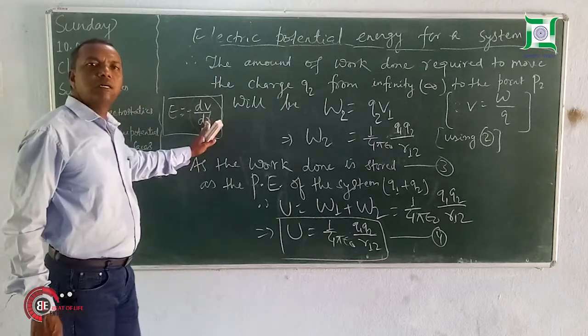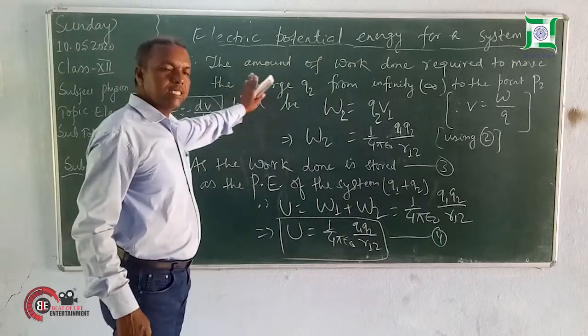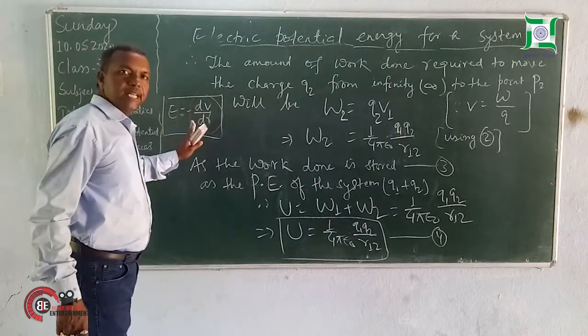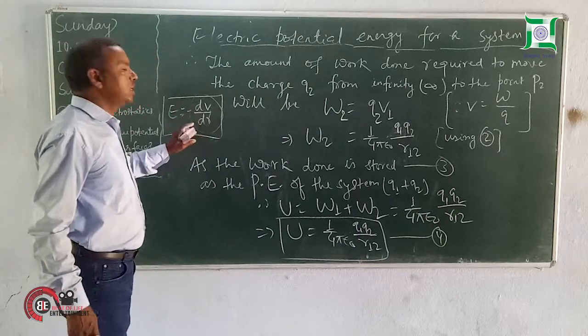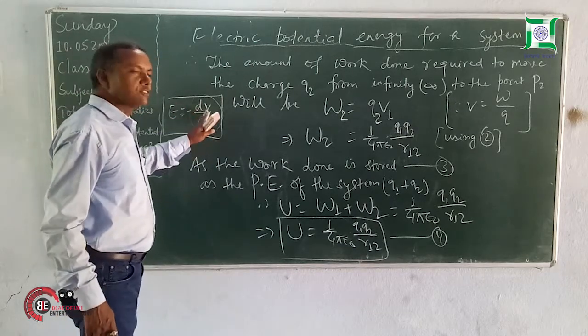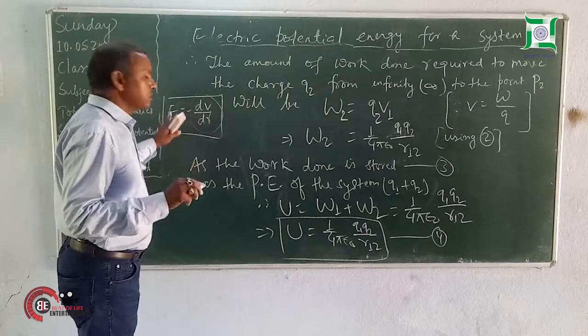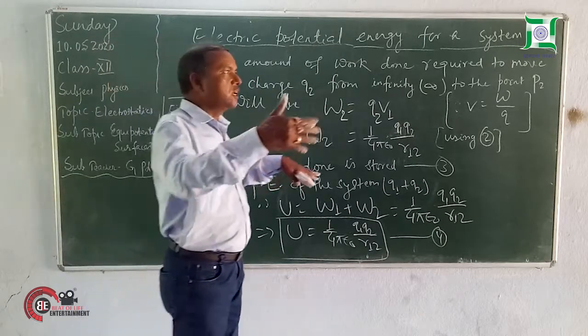This relation was used in the important properties of equipotential surfaces. It means where there is a strong electric field, the equipotential surfaces will be very close, and where there is a weak electric field, the equipotential surfaces will be further apart.